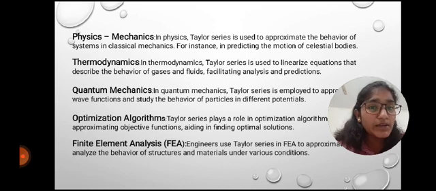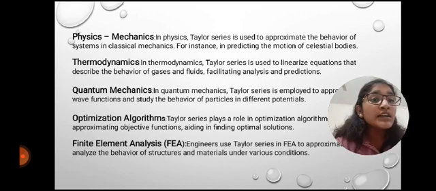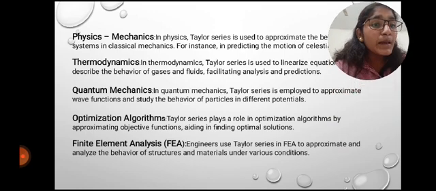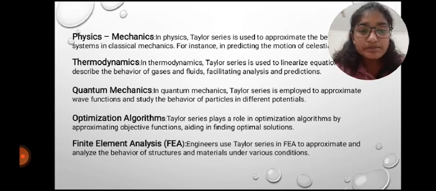Next one is quantum mechanics. In quantum mechanics, the Taylor series is employed to approximate wave functions and to study the behavior of particles in different potentials. Next one is optimization algorithms. Taylor series play a role in optimization algorithms by approximating the objective functions, aiding in finding an optimal solution.